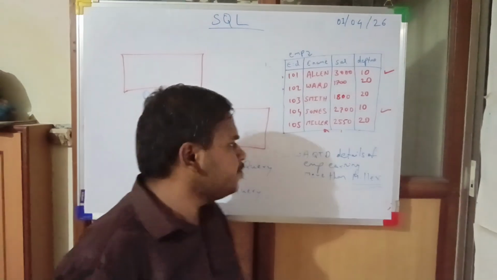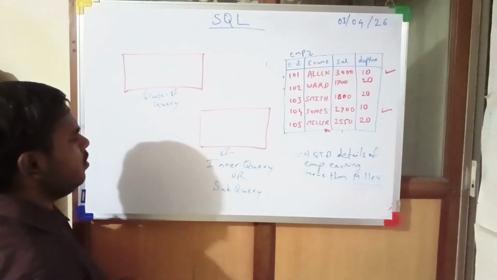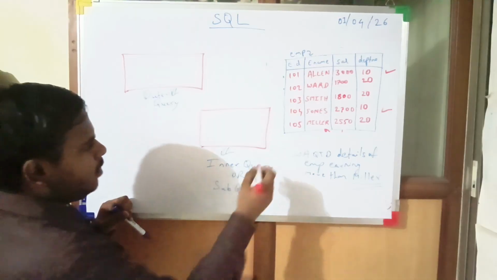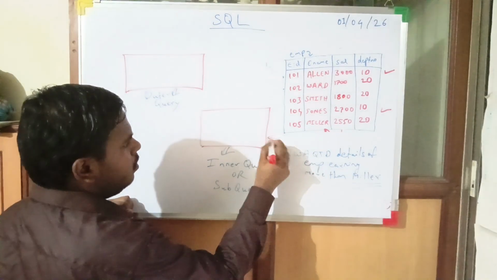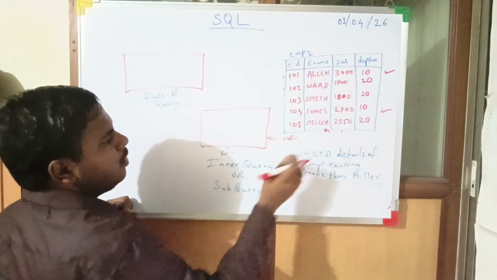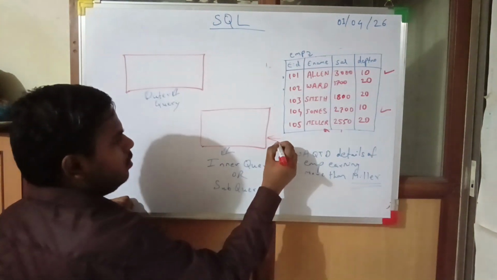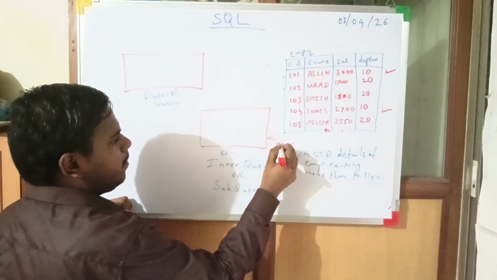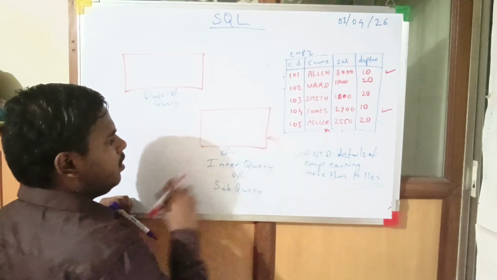Now, first of all, what is happening here? The user is giving the input, input from the table. Wait a minute, the marker is not working.